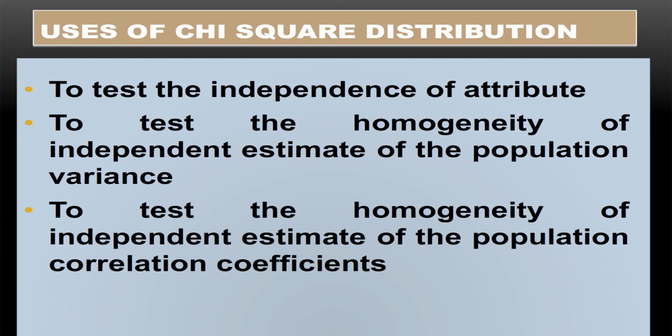It is used to test the independence of attributes. 5. It is used to test the homogeneity of independent estimates of the population variance. 6. It is used to test the homogeneity of independent estimates of the population correlation coefficients.